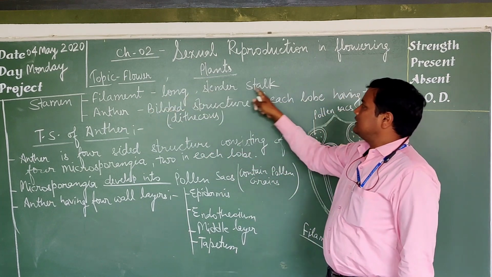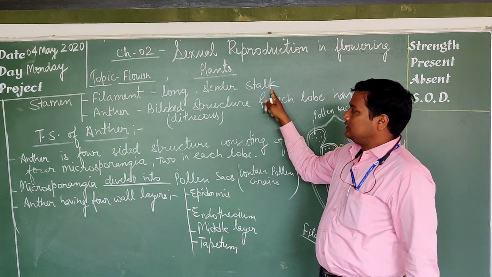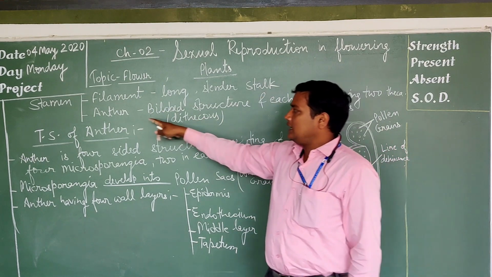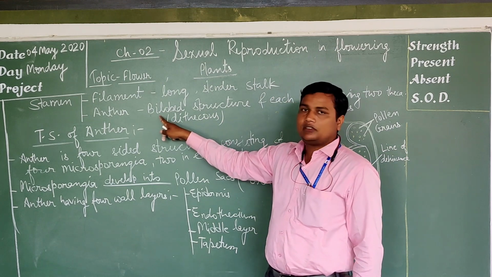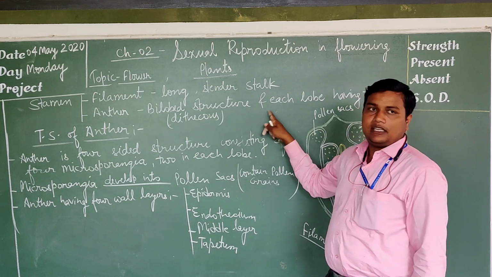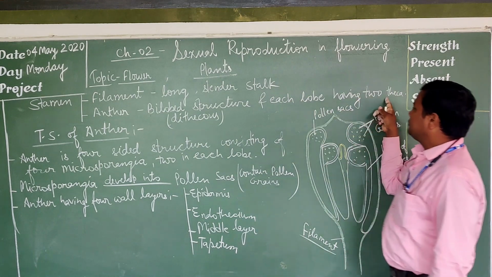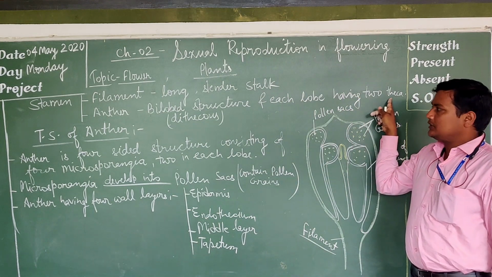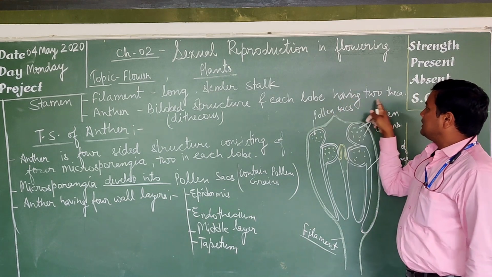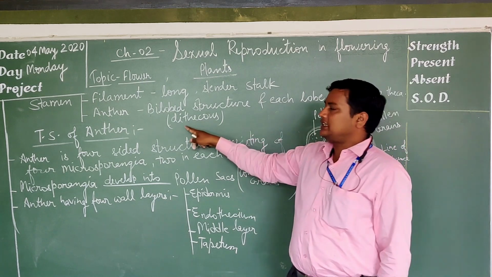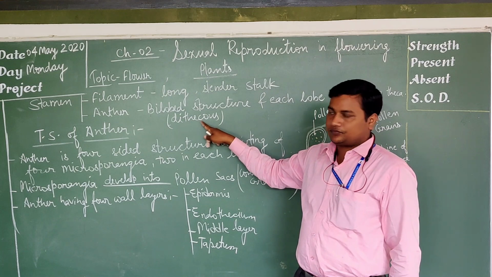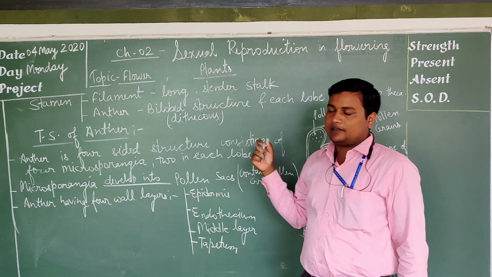Filament is a long cylinder or tube-like structure attached to the proximal end of the thalamus, and the anther is bilobed. Bi means two. It's a bilobed structure and each lobe has two theca. Two theca means it is also known as dithecous. Dithecous means two theca. Theca is the part.